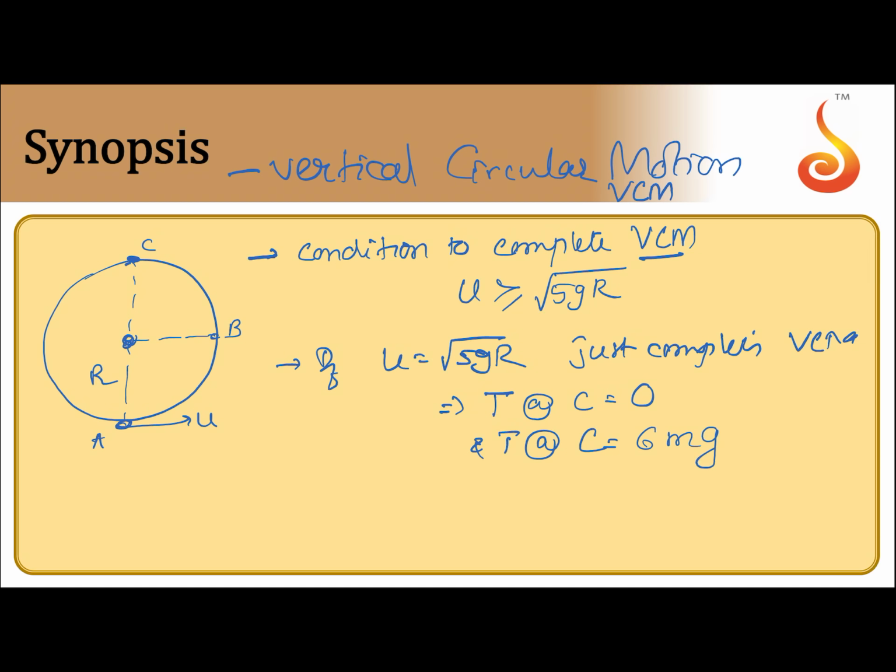If u is equal to root of 5gr, then the tension at C is 0 and the tension at A is 6mg, and the velocity at B is root of 3gr, and the velocity at C is root of gr. So remember these results.